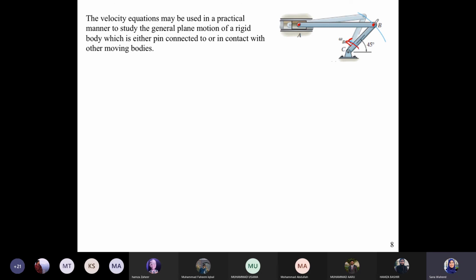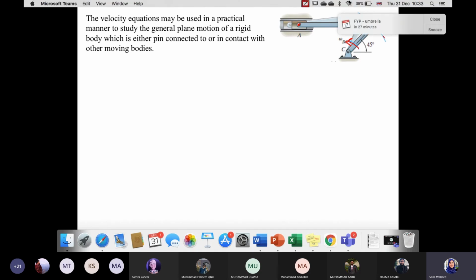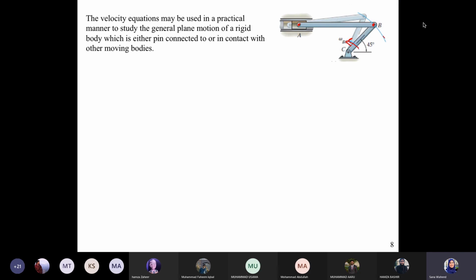So I know that B relative to C will be going around some circular path, that is, B's velocity will be tangential to this BC rod, so it will be perpendicular to it.